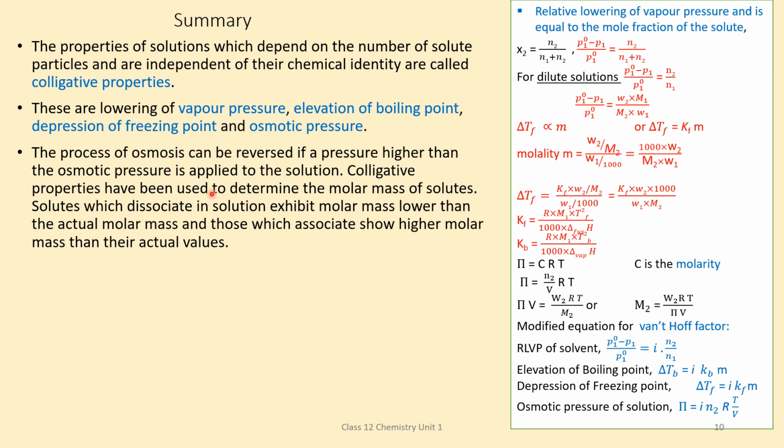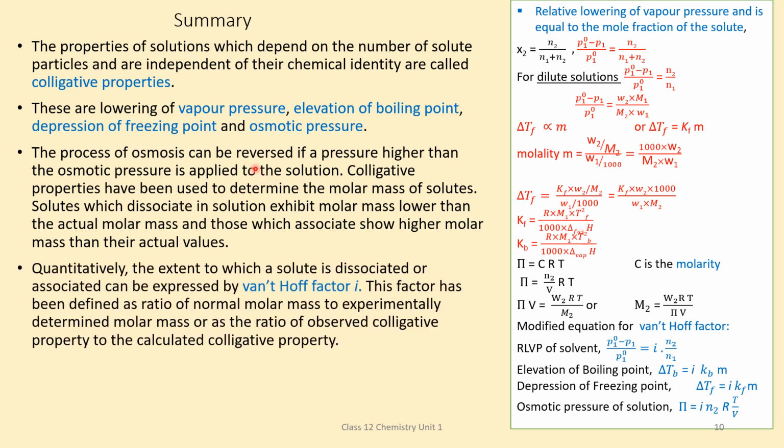The process of osmosis can be reversed if pressure higher than the osmotic pressure is applied to the solution. Colligative properties have been used to determine the molar mass of solute. Solutes which dissociate in solution exhibit molar mass lower than the actual molar mass, and those which associate show higher molar mass than the actual mass.